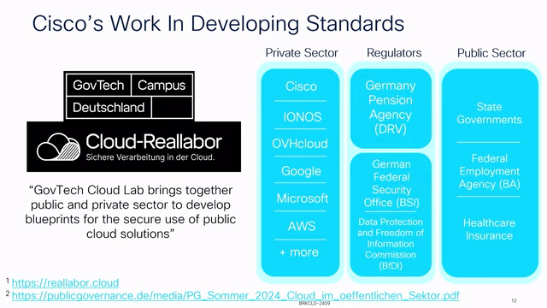So we're working with the BSI, the Federal Office for Information Security, and the Data Protection and Freedom of Information Commission, which has a lovely German name, which is about this long. So I won't try and say it in this session, otherwise it might take the rest of the time.